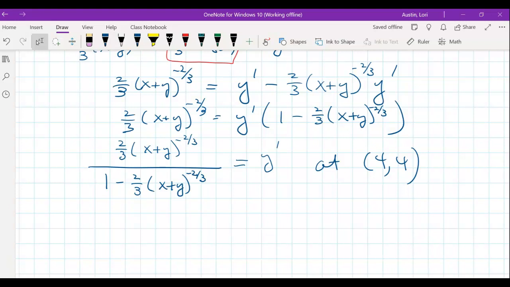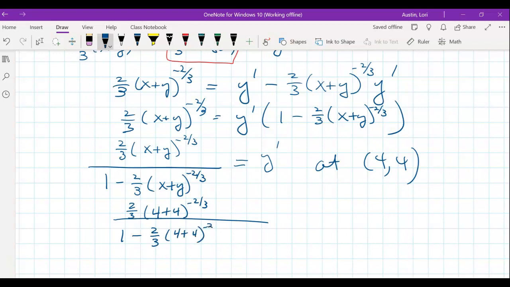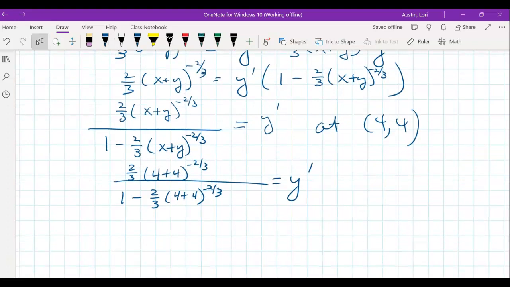So y prime equals, believe it or not, 4 plus 4. The reason it works is because what's 4 plus 4?